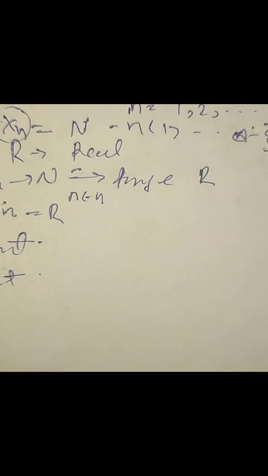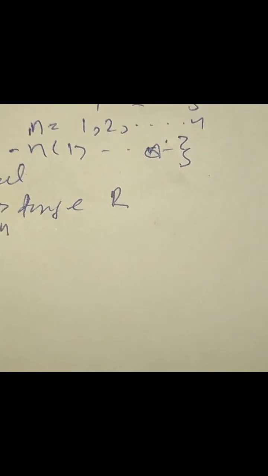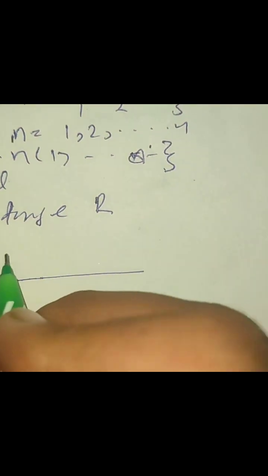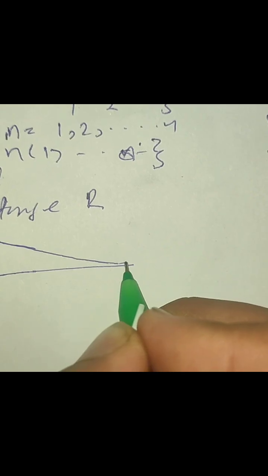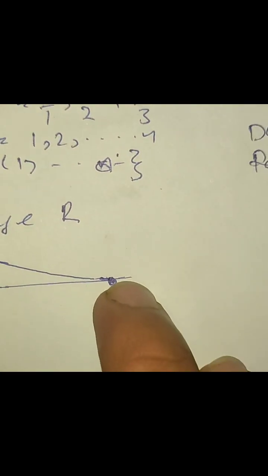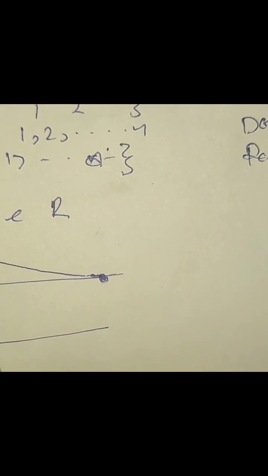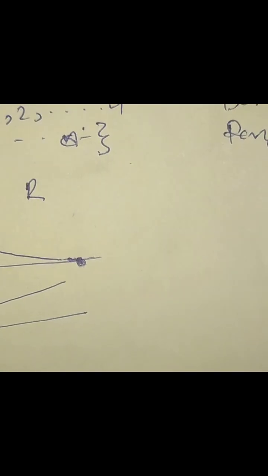Convergent and divergent mean, for example, that for a large amount of numbers, after some value they go to a specific point, then the sequence is said to be convergent. If the sequence is divergent, it is not convergent, meaning it does not converge at a point.